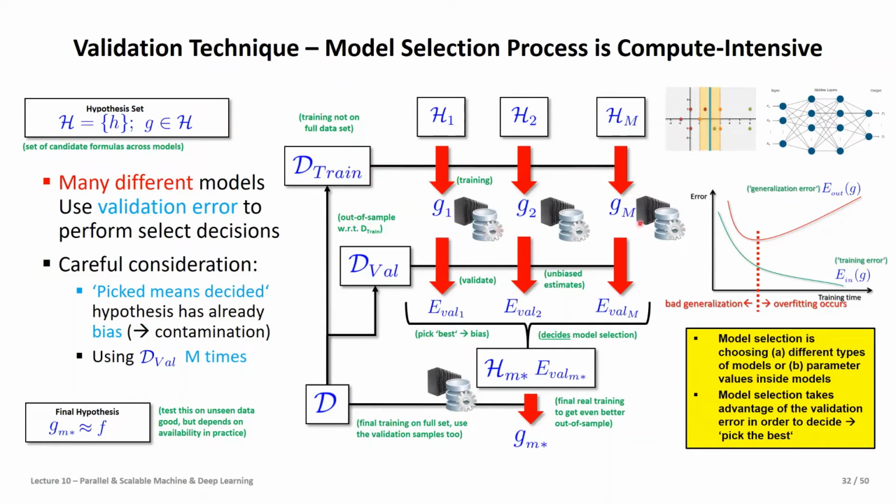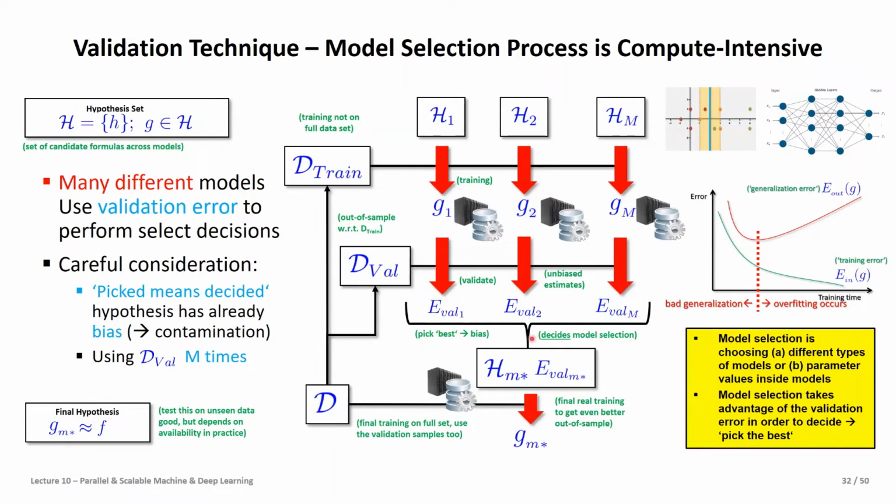We get some hypotheses out of this hypothesis set, which are particularly suited for this model. And we have a validation set where we can validate all these different models in order to get so-called unbiased estimates per model. And that's not a problem so far, because I didn't pick one yet. I just try them all out.